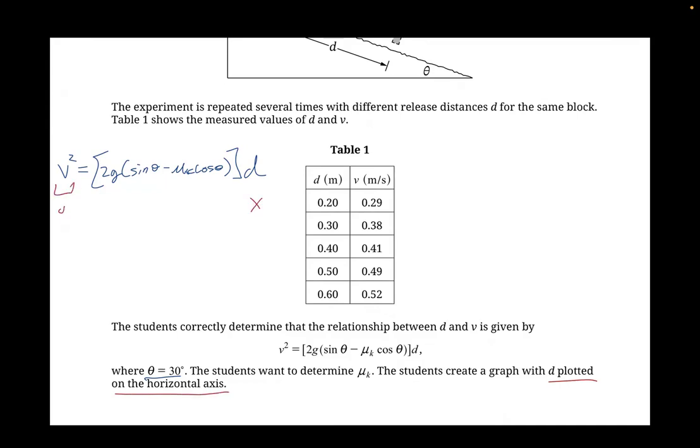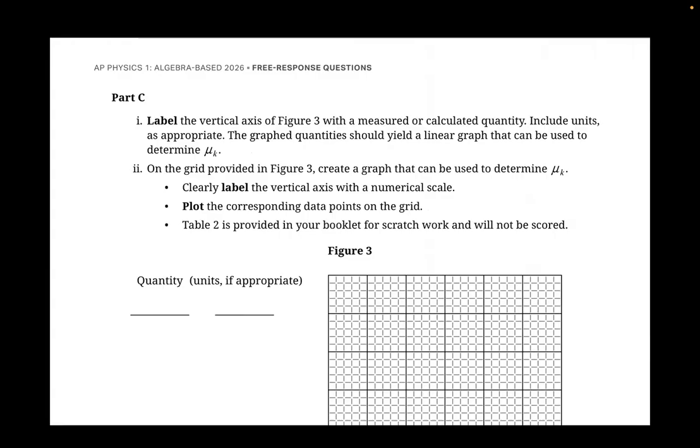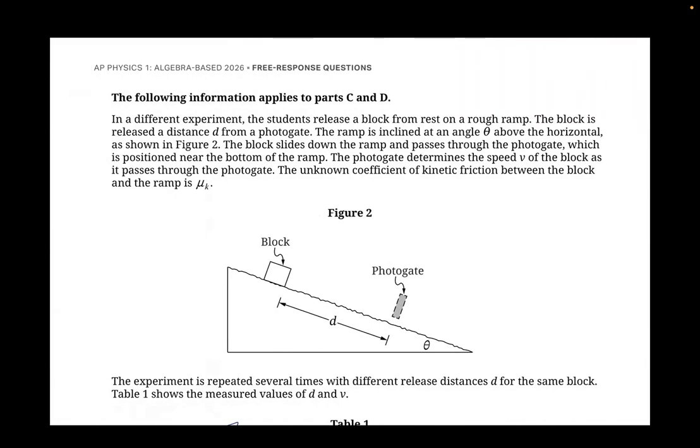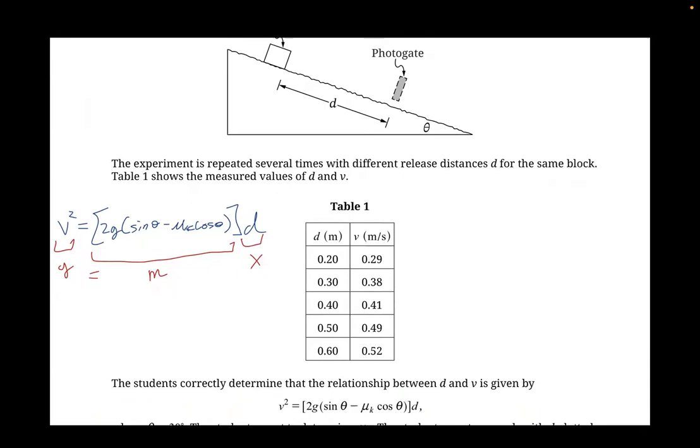If we make v squared our y variable, then we could take this entire expression, 2g times sine theta minus mu k cosine theta, and that should equal the slope of a best fit line of data that is v squared versus d. So I think we're going to want to graph v squared, which will have units of meters squared per second squared, on the y-axis. And hopefully that'll give us a linear plot, and then we can determine what the coefficient of kinetic friction is. So to do that, we're going to create a second data table.